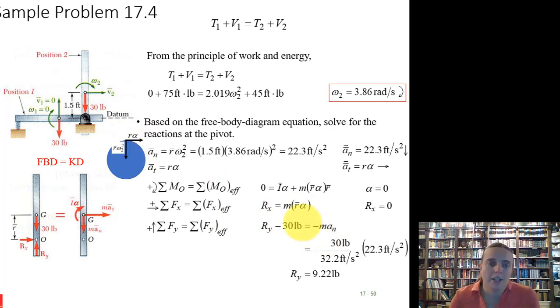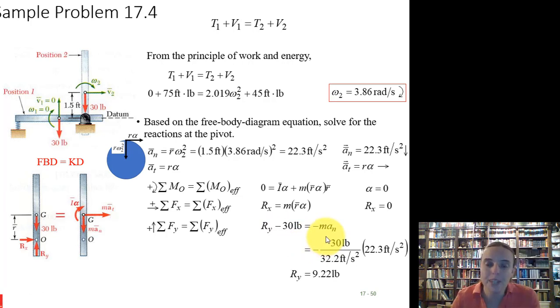In the y direction, if I look over here, I have mg acting down, and that is held up by this pin pushing up. So we have the pin pushing up minus the weight acting down, and its dynamics, if it's moving, these are not equal and opposite.